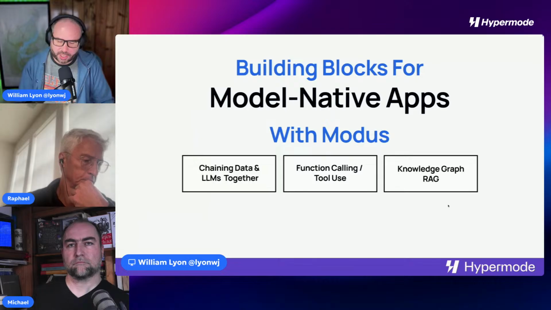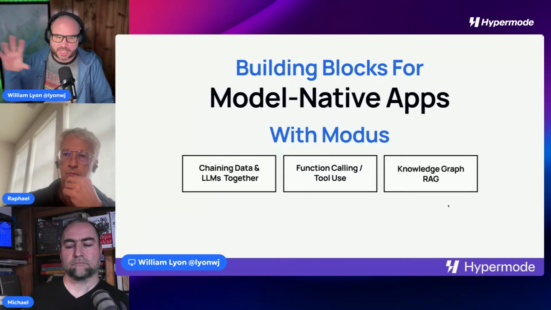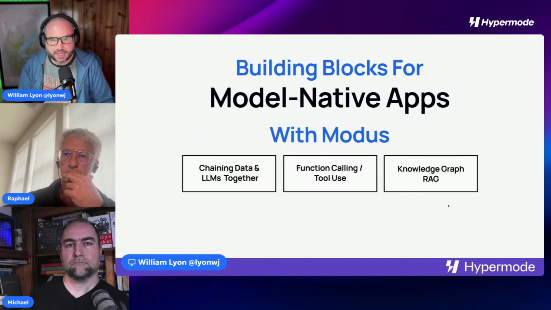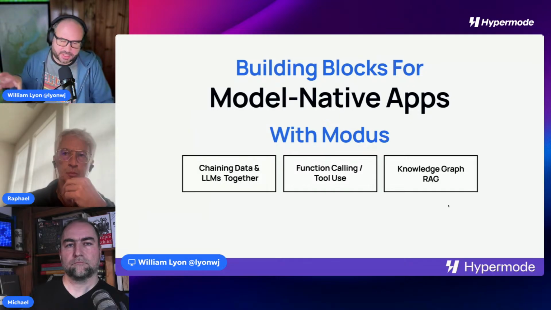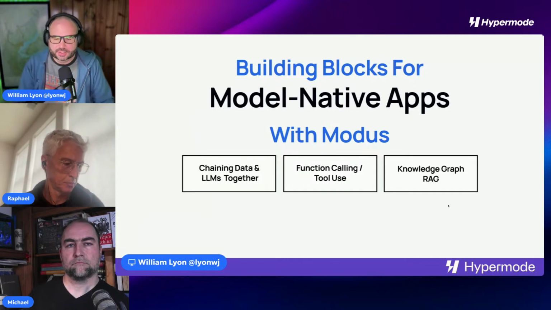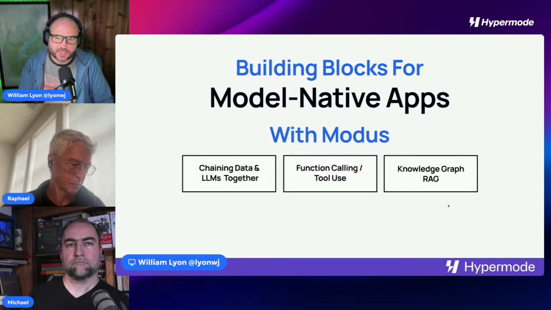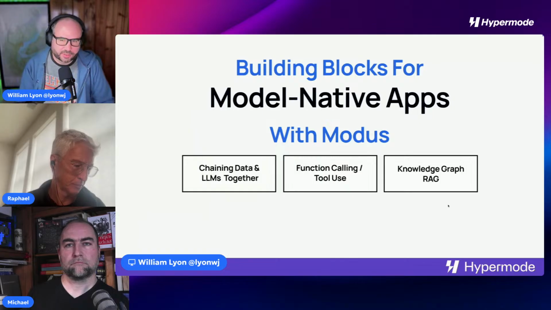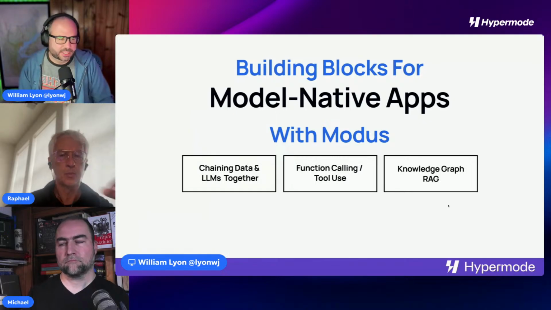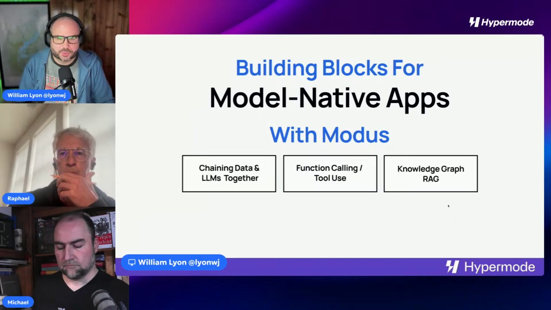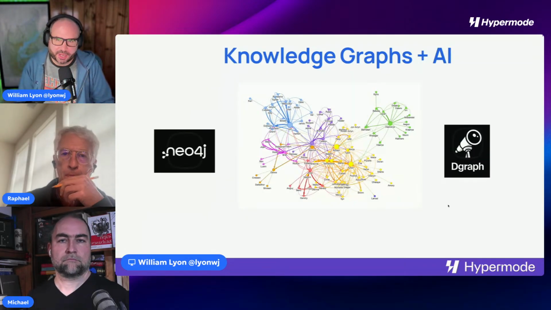This is where you define tools, different data sources, and different actions that the model can take, and you let the model decide which is the best control flow and which is the best data source to fetch based on the task at hand. And the last one, which we're going to dive into deeper today, is knowledge graph RAG, or leveraging a knowledge graph in the retrieval augmented generation flow.